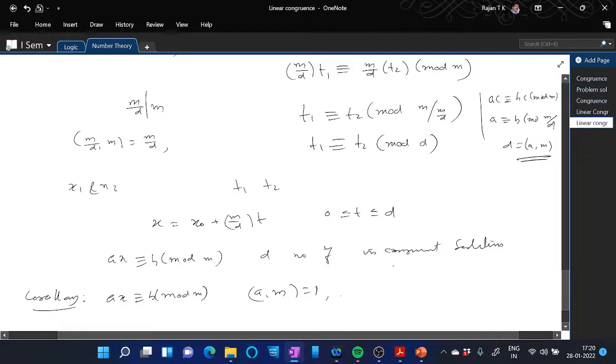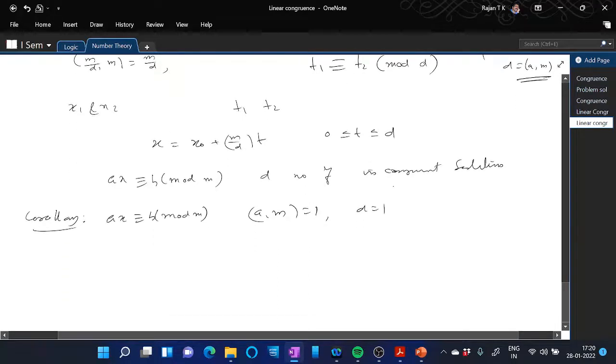In such a case, D is 1, and using the above theorem, there is only one incongruent solution to Ax congruent to B modulo M. So for the linear congruence Ax congruent to B modulo M, in case gcd(A, M) equal to 1, or A and M are relatively prime, this linear congruence has only one incongruent solution.